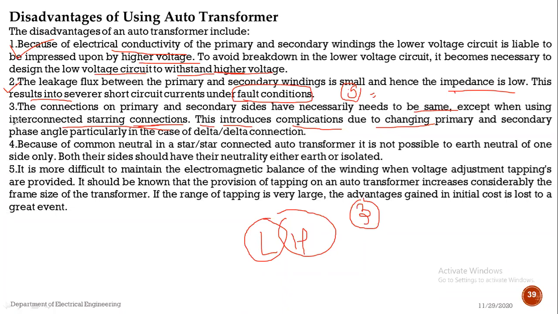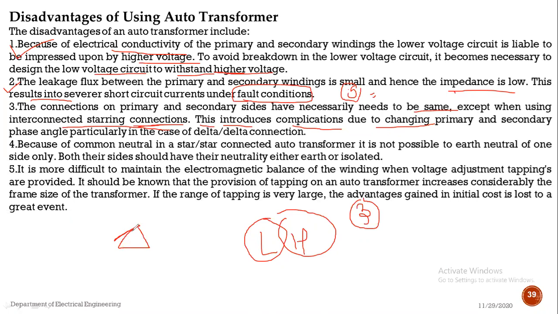So there is complication due to the change in the primary and secondary phase angle, particularly in the case of delta delta connection. I think in measurement you have studied the star connection as well as the delta connection.